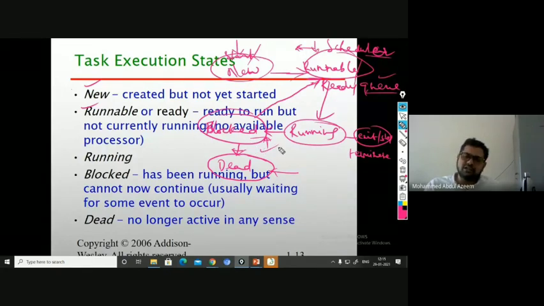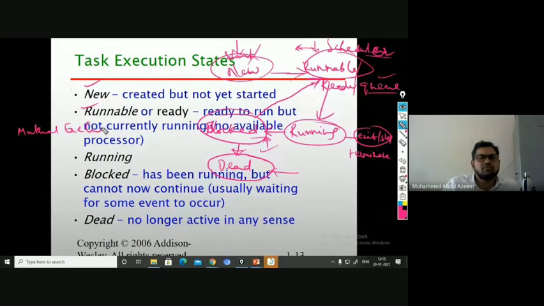But there are other reasons as well because of which the dead state may happen. There are 4 different situations: mutual exclusion, hold and wait, circular wait, and preemption.